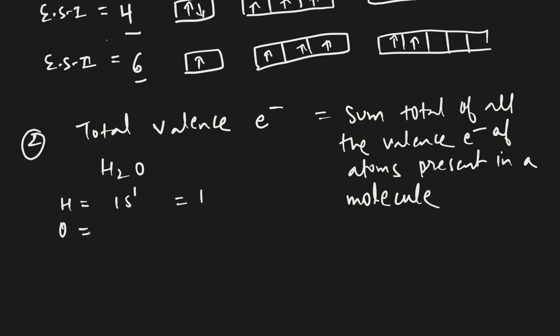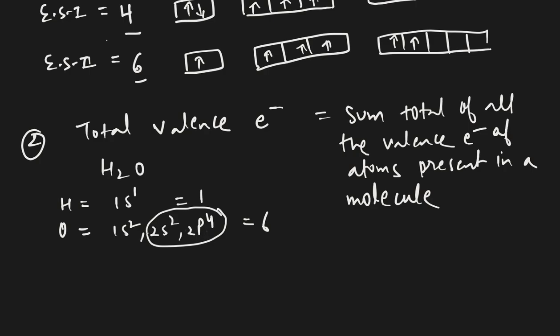In case of oxygen, it is 1s2, 2s2, 2p4, so valence electrons are 6. We don't take into account the innermost shell, only the outermost shell.